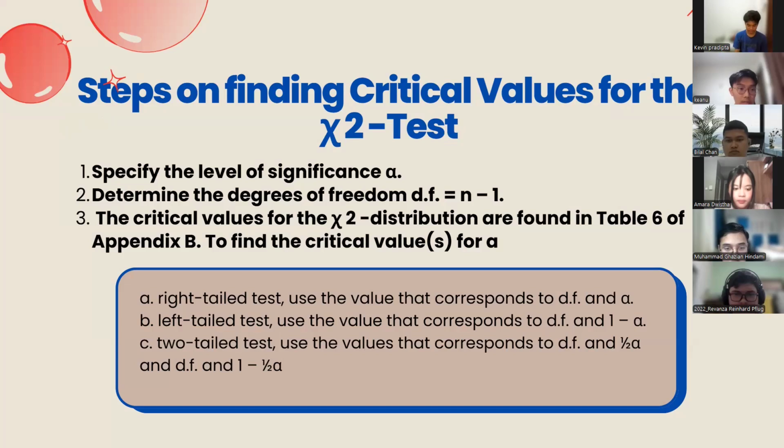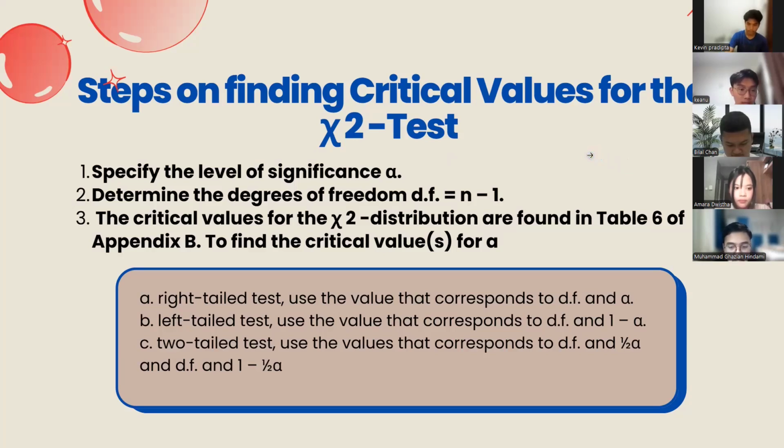The third step is that the critical values for the chi-square distribution are found in Table 6 of Appendix B. For a right-tailed test, use the value that corresponds to degrees of freedom and alpha. For a left-tailed test, use the value that corresponds to degrees of freedom and 1 minus alpha.